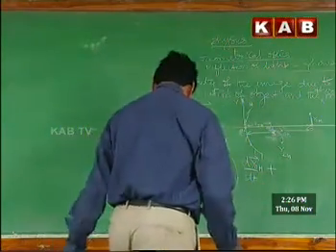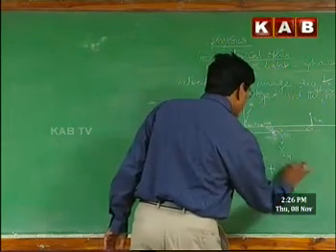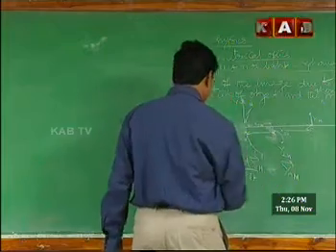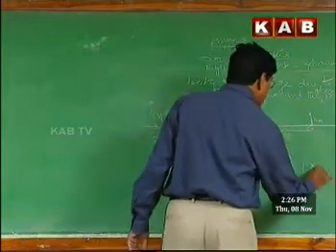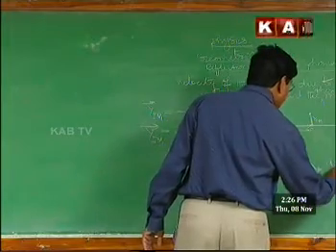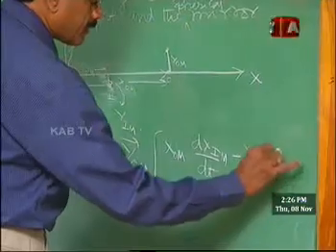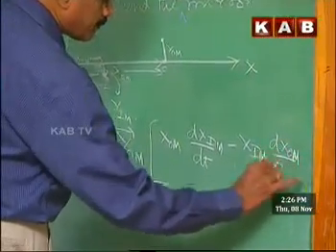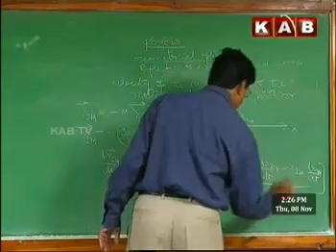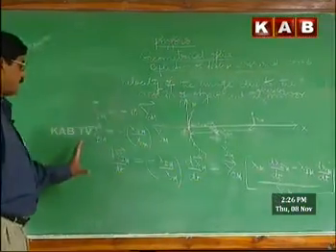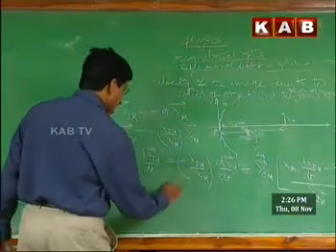So we write YOM, with the minus sign outside, into the differentiation of this, that is xom dxim by dt minus xim dxom by dt, divided by xim square. By this way, one can calculate the velocity of the image along the y-axis.